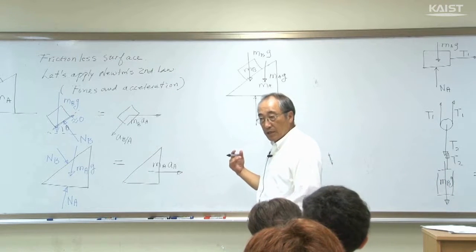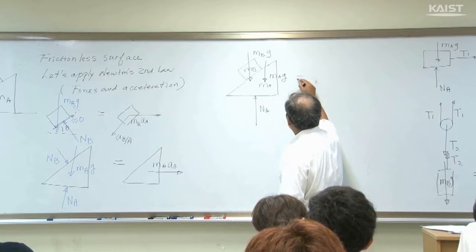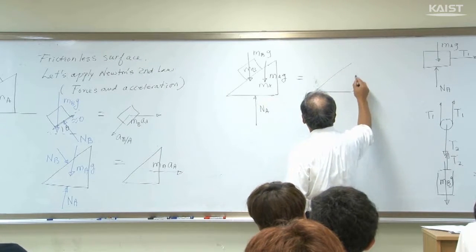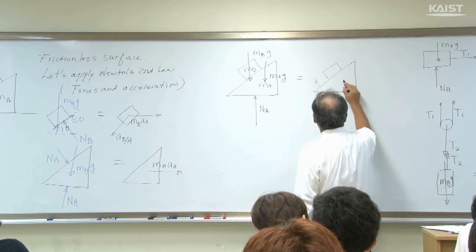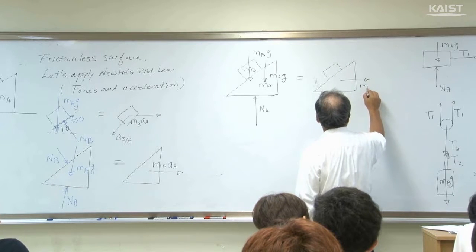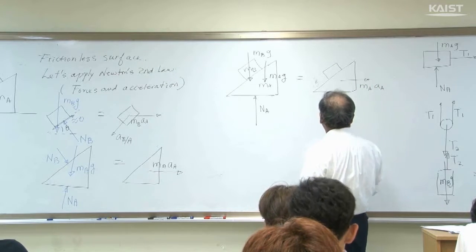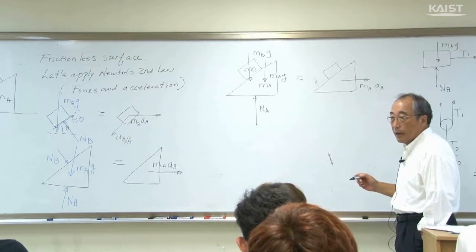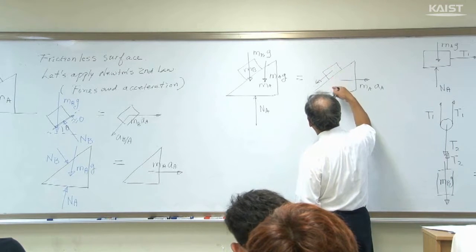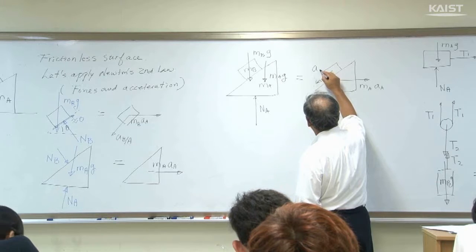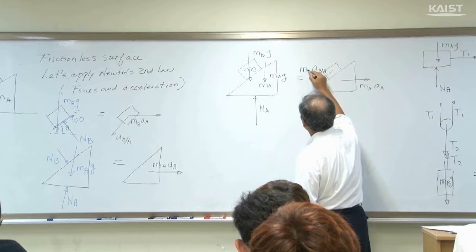That's the force I can see. If I see two masses at the same time as a system, then I say this has to be equal to this, which will move in the direction parallel to the surface, that I call MAA. Obviously this will move relative to the wedge, so that I call the relative acceleration.